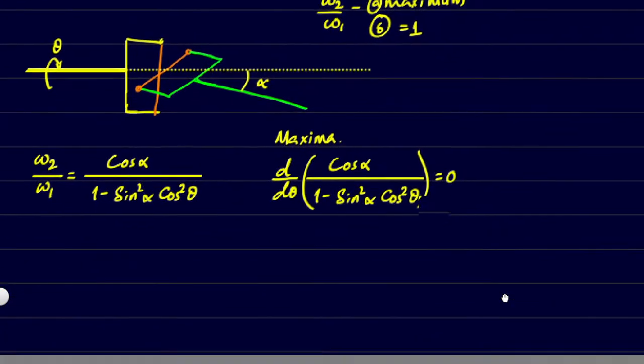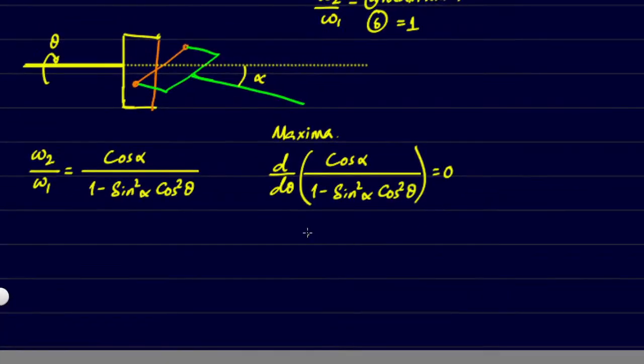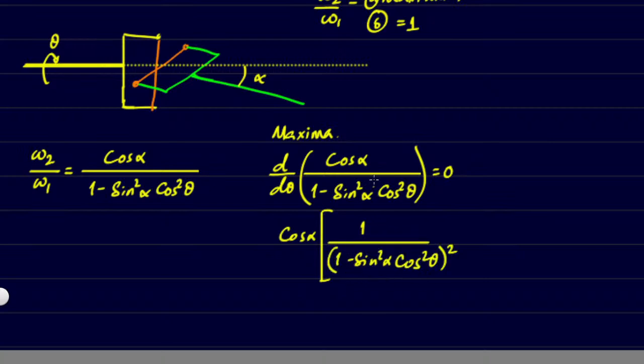Cos alpha is constant, and for this part we take 1 divided by (1 minus sine square alpha cos square theta) whole square, because the derivative of 1 by x involves 1 by x square.